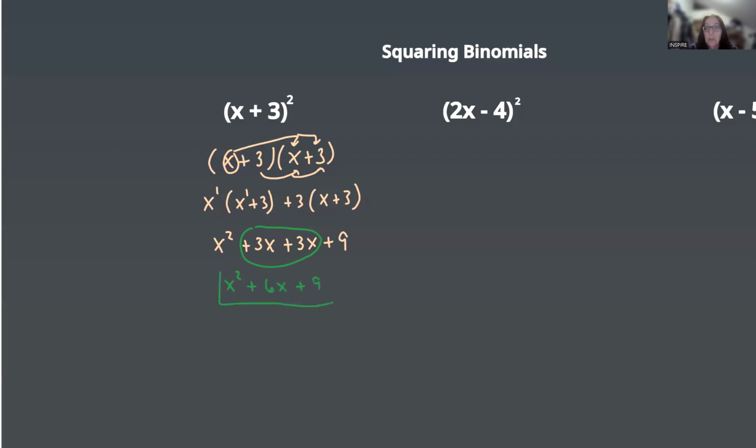I'm going to teach you a different way to do them, all right? And what we're going to do is what I say: square, then you're going to multiply and double, and then you're going to square.